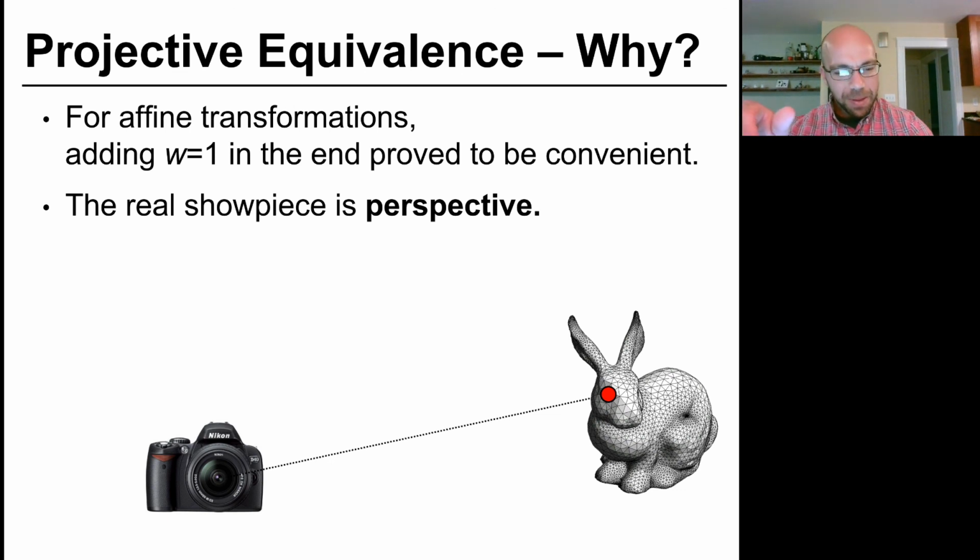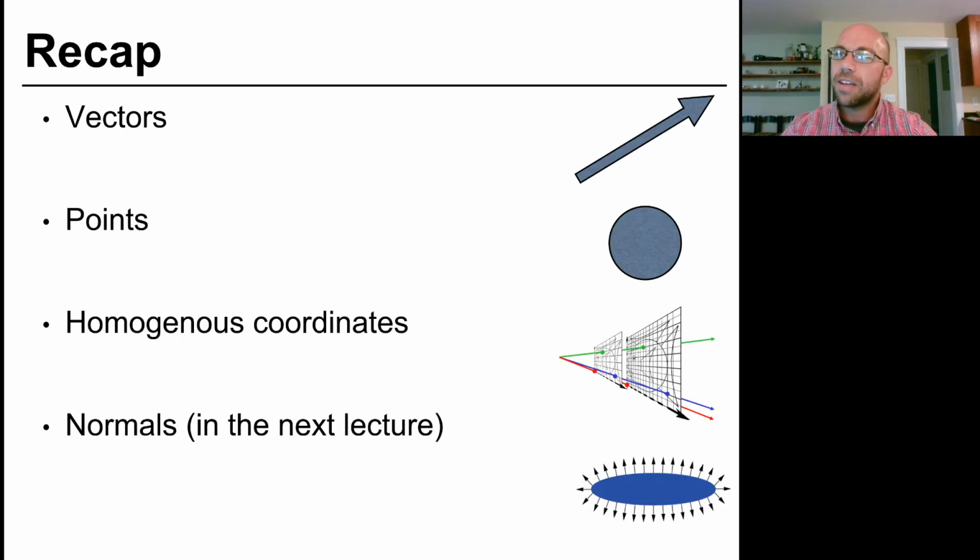So to recap a little bit, we started by talking about vectors and introducing a bit of notation where we write a vector specifically in a basis by keeping an extra matrix on the left-hand side, which is the basis matrix. Then we noticed that if we add one more column to that matrix, we get an object called a frame instead of a basis. And the frame includes those basis vectors as well as an origin point.